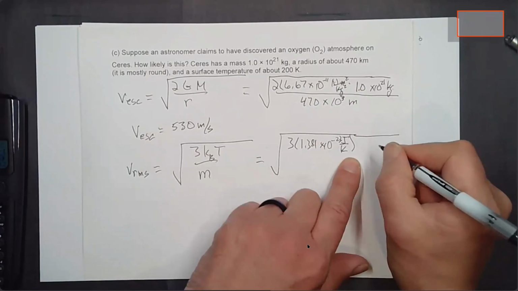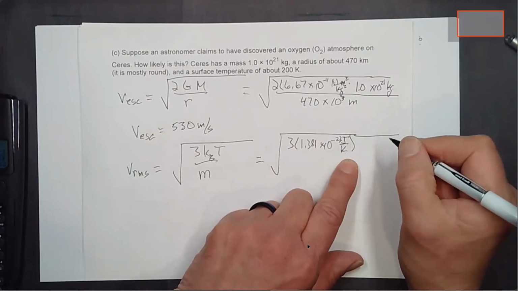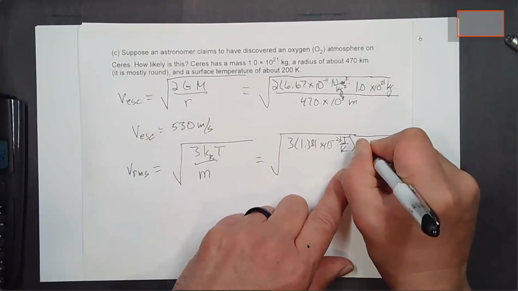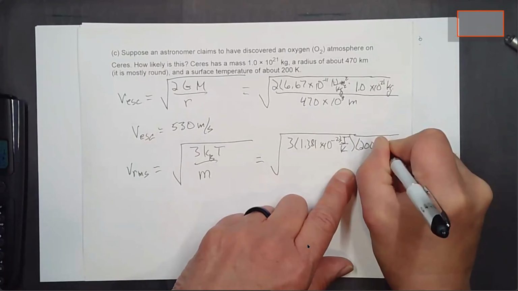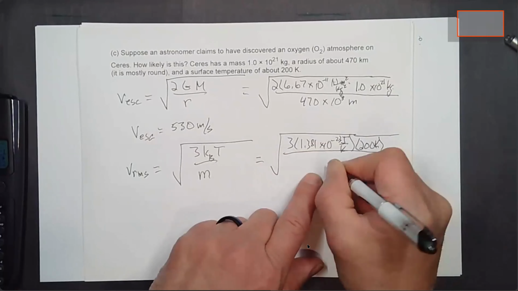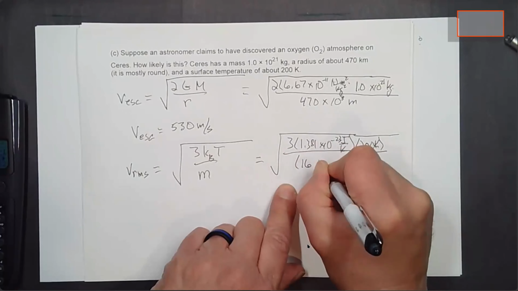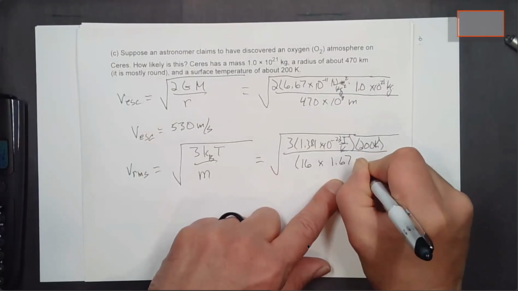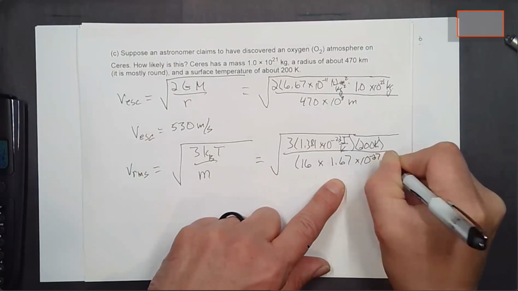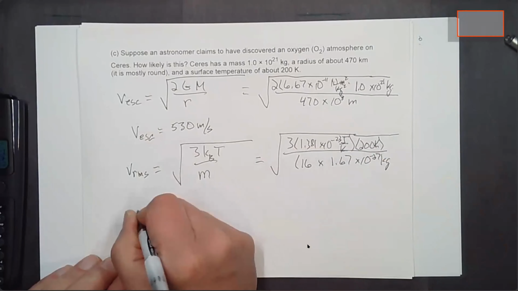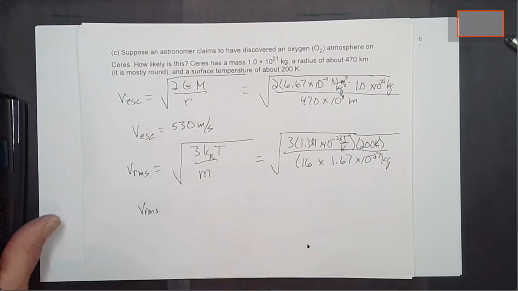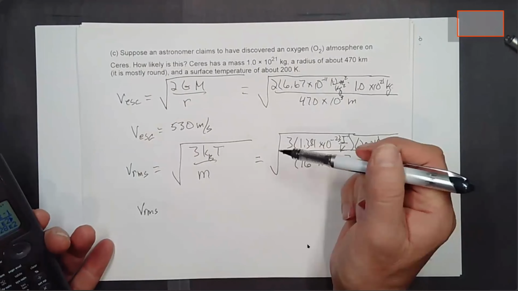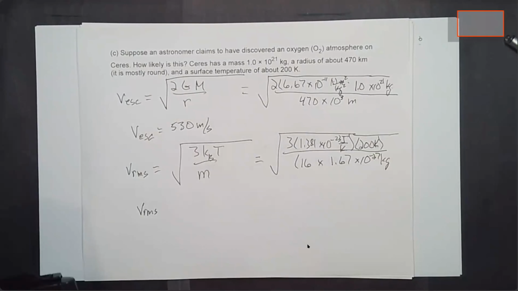It hangs on for a little while and then I forget it. And let's see, what temperature did we have? 200 Kelvin. And then divide by 16 times the mass of a proton or neutron, 1.67 times 10 to the minus 27th kilograms. So we can figure out the RMS speed. And my guess is even at 200 Kelvin, it might be a few hundred meters per second.